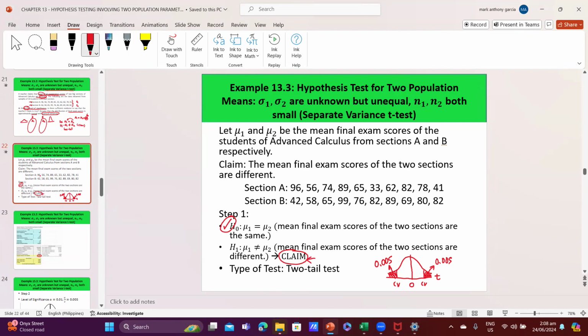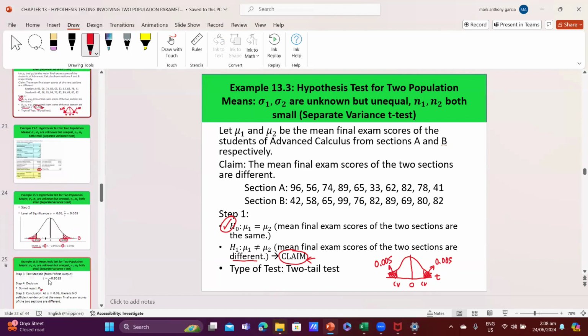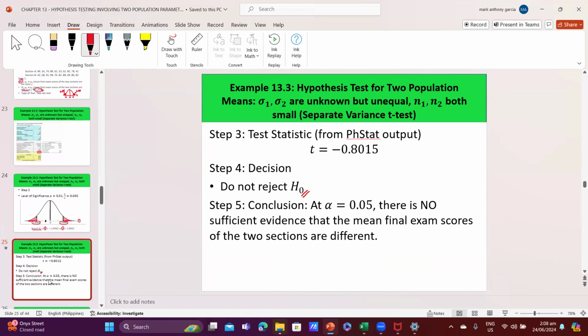So we don't have any evidence to say that the average final exam scores of the two sections are different. So that's what's written in our conclusion. At alpha equals 0.05, there is no sufficient evidence that the mean final exam scores of the two sections are different.